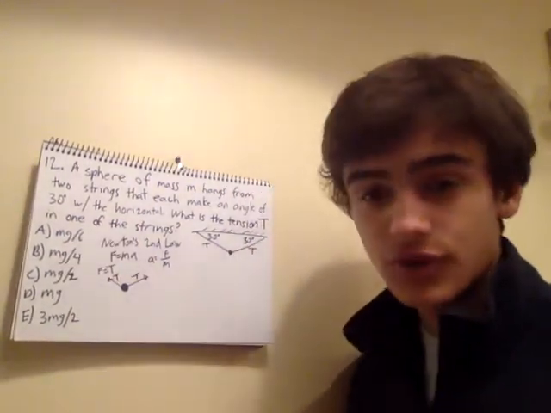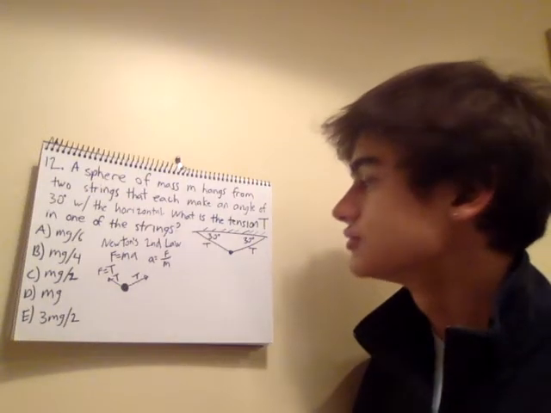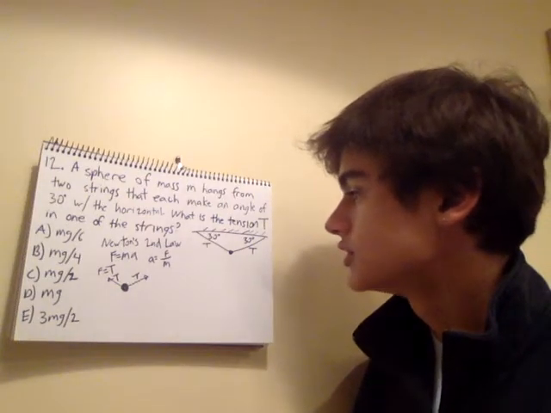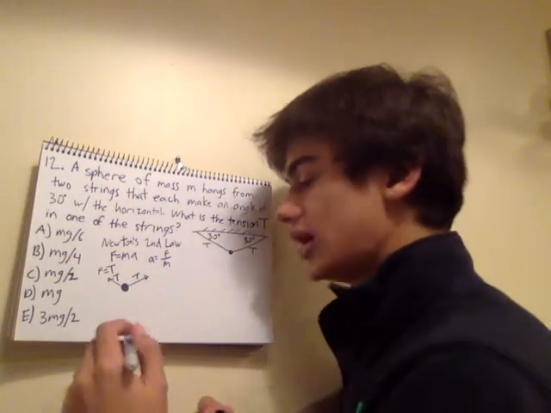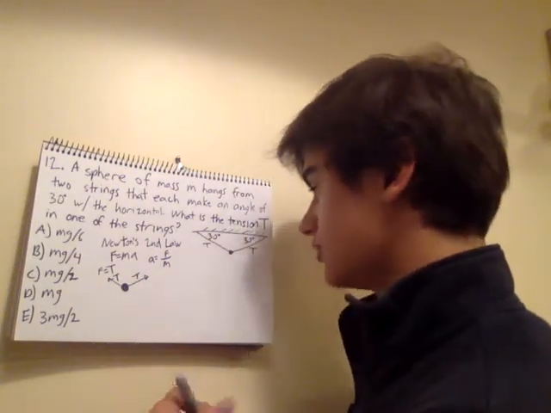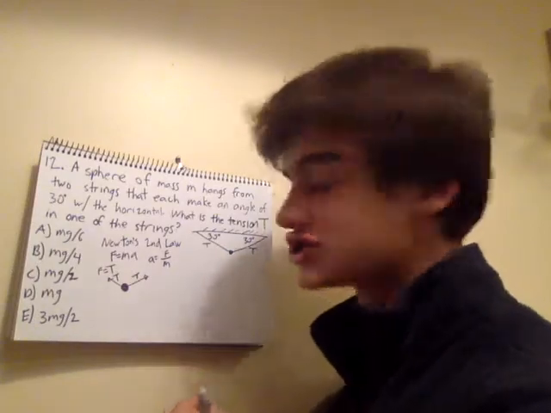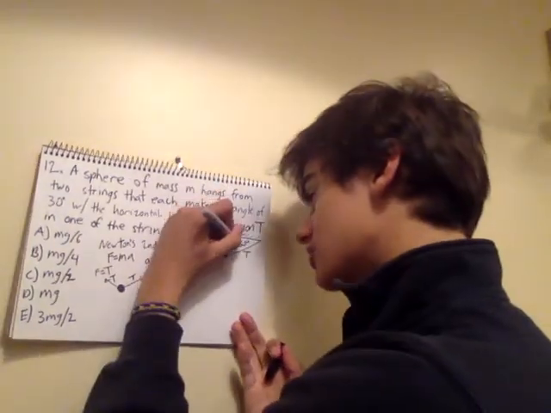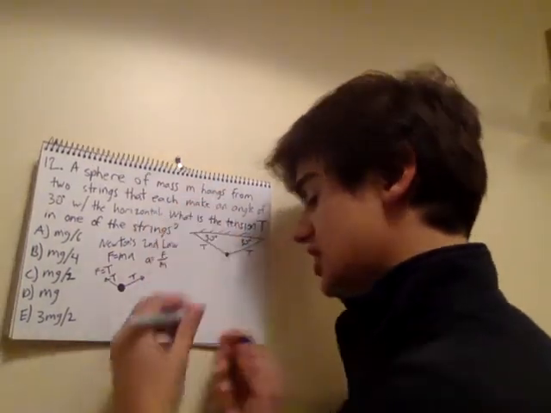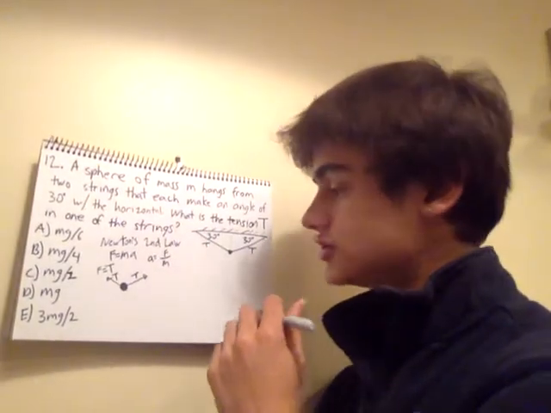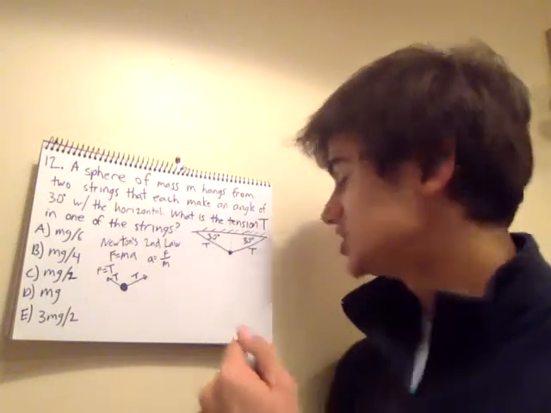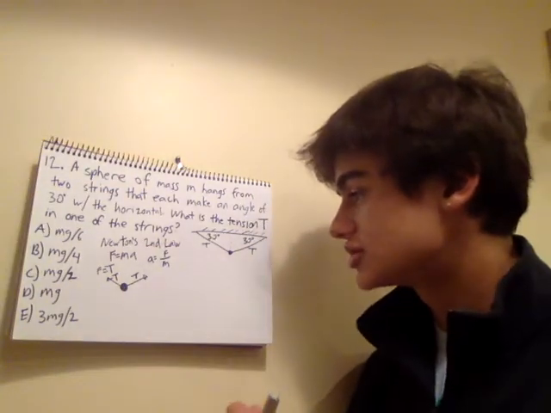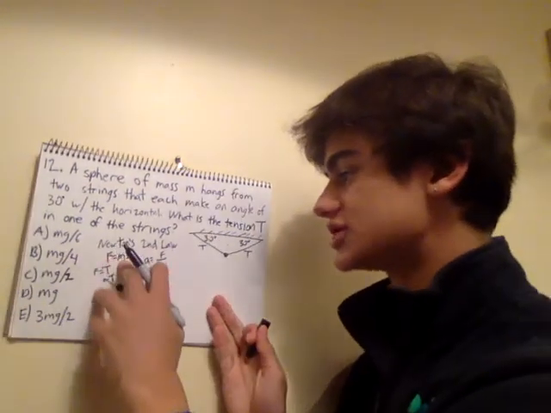But what we want to do is represent these in terms of the y direction. So that's why we have this 30 degrees. We're going to use sine 30 to find the vertical component of the tension. So the tension here is going to be just tension.